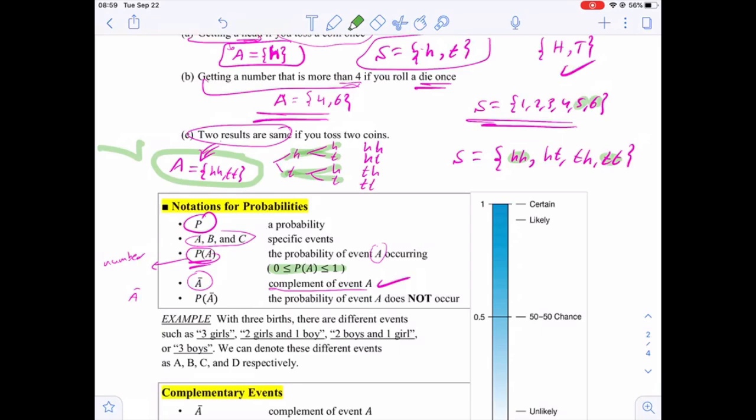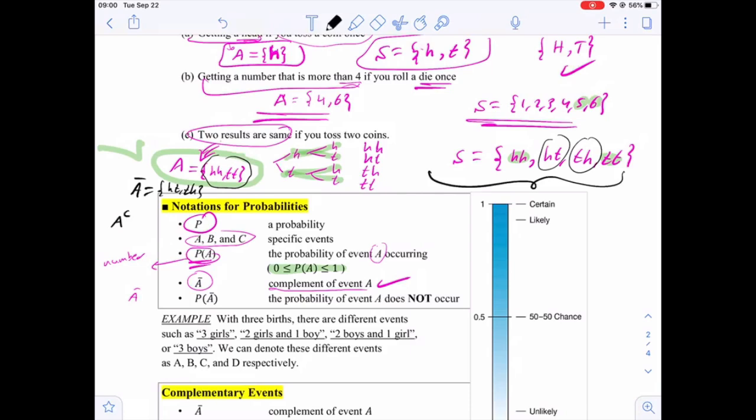Now, what is the complement of this? What are the other elements that belong to the sample space but do not belong to the event? We have head, tail, tail, head. This is the complement of A.